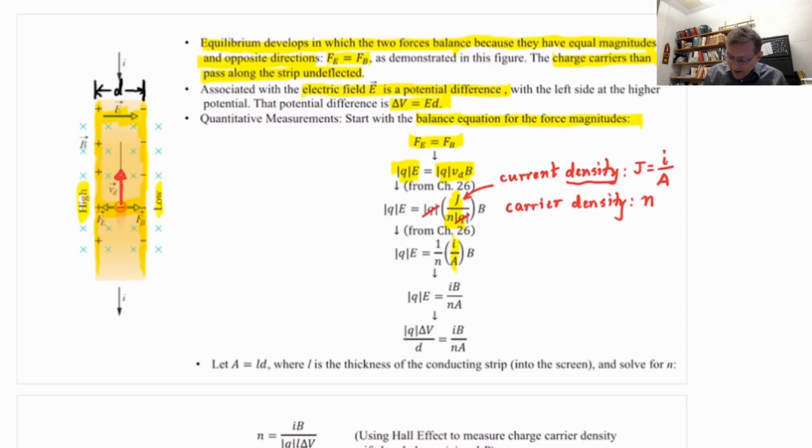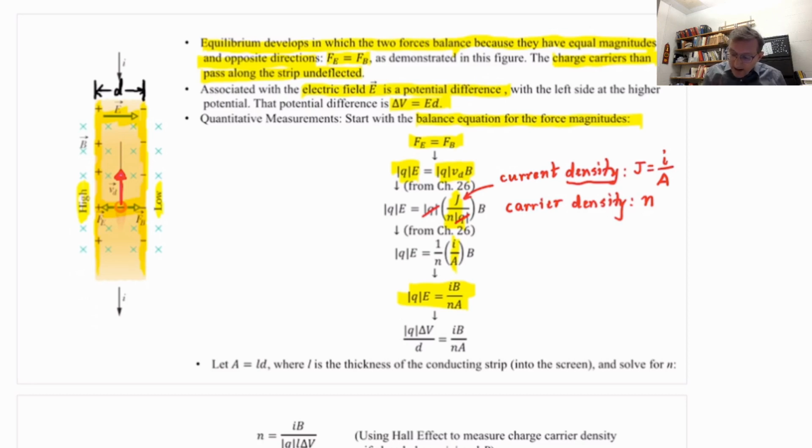So I just consolidate everything and I get this result. Magnitude of Q, the charge carrier, times magnitude of E equals just the plain old current flowing in the copper, I, times the magnitude of this magnetic field, over the carrier density for copper and the cross-sectional area of the copper strip.